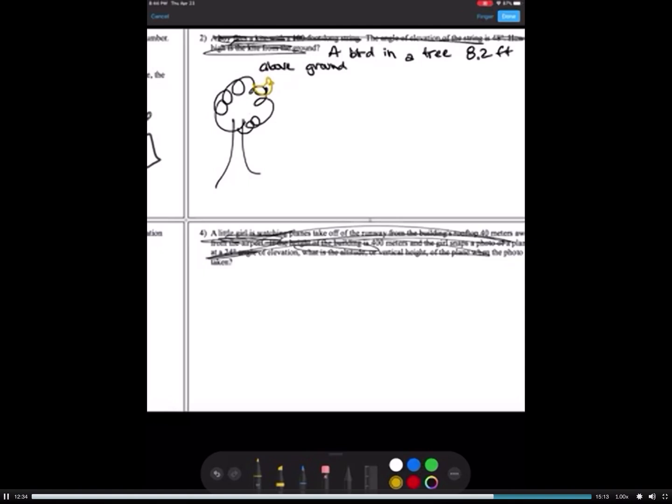He is 8.2 feet above the ground. So there's 8.2. Okay. He sees a worm. That's 13 feet from the base of the tree. So here's my 13 feet. And here's our little worm.